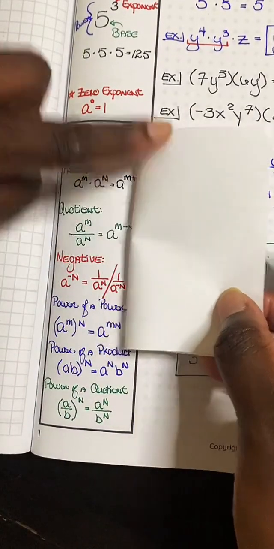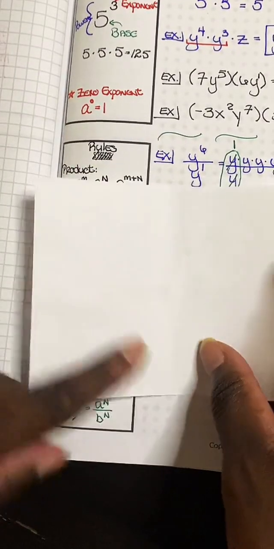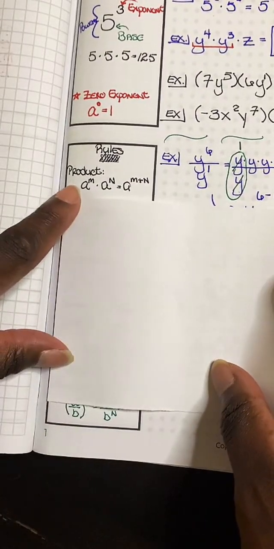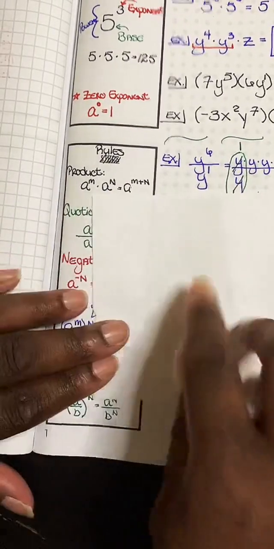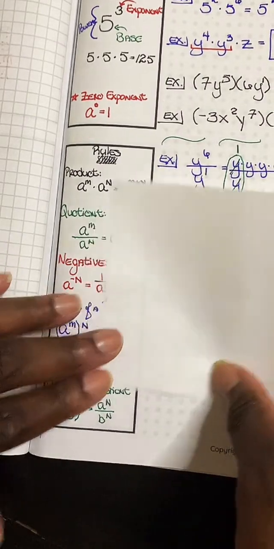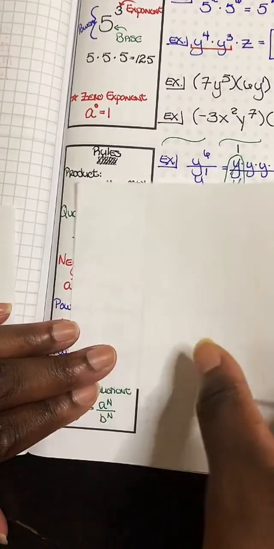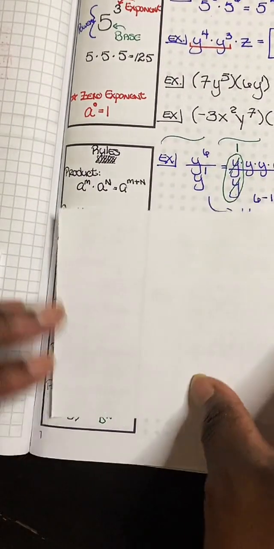Write the product rule on one side, and then have your a to the m times a to the n, and on the back, add exponents, and then write your answer. The next one will be the quotient rule. Write the quotient rule, and on the back, subtract the exponents, and then write an answer.